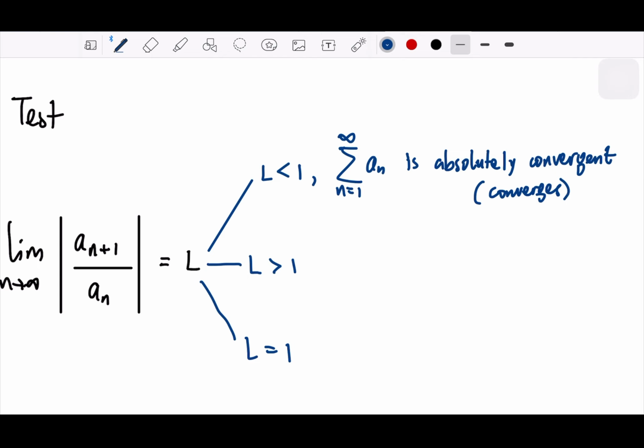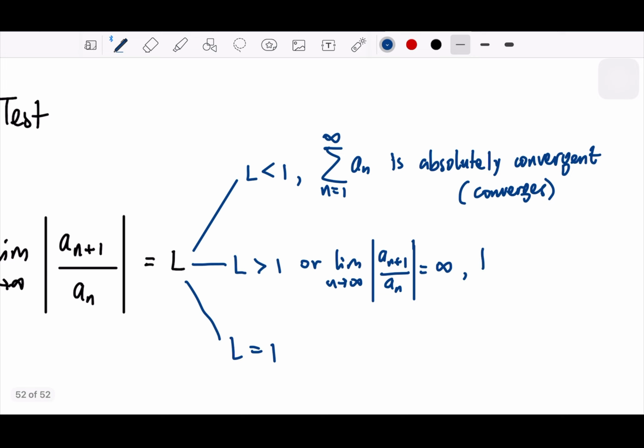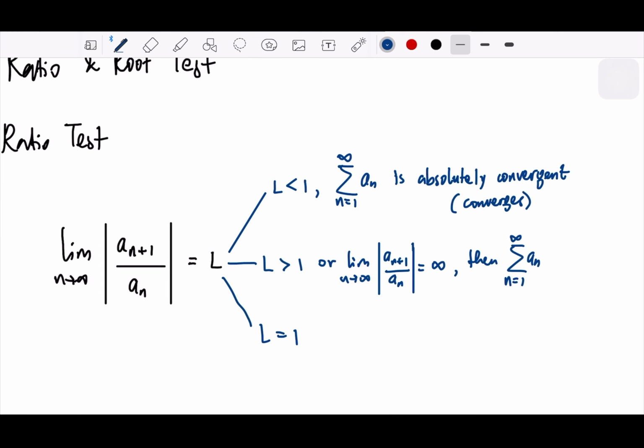If L is greater than 1, or if the limit is infinity or doesn't exist, then the series is divergent.